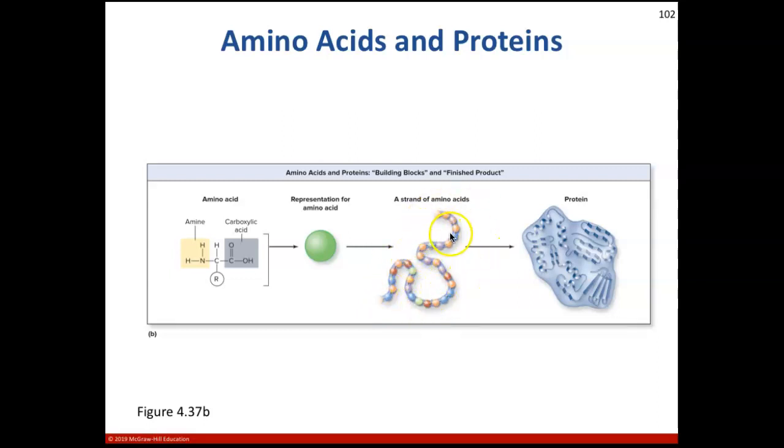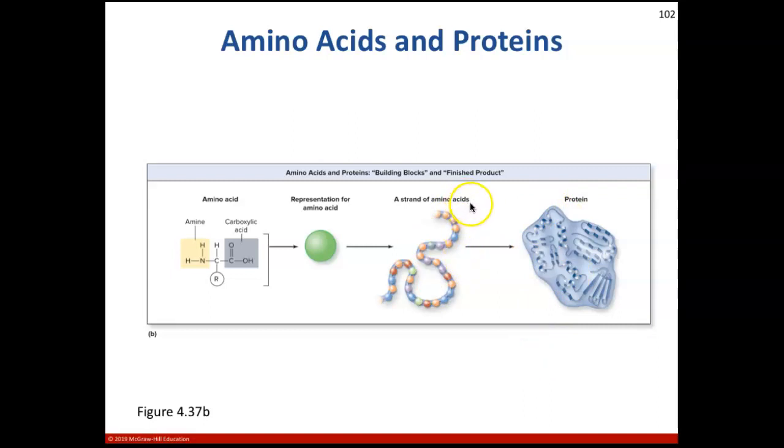What happens is this is the primary structure of a protein, and then we start moving into higher levels of structure. We have a secondary structure in which we get some folding, a tertiary structure in which we form some other bonds, and finally a quaternary structure where we get our full protein, and we have many strands of these amino acids placed in here.